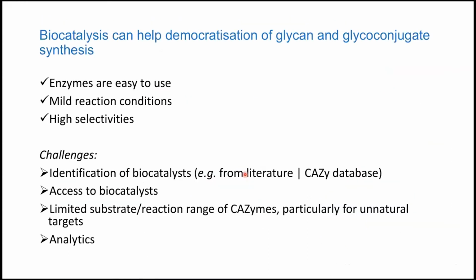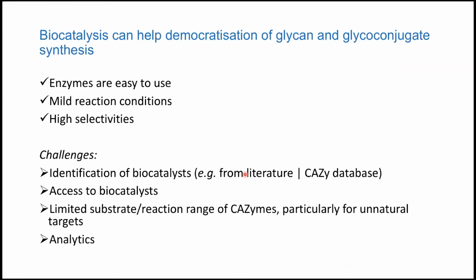If I could summarize the state of the art a little bit, these enzymes are really very easy to use. You just have to mix them up with a substrate and incubate them. The reaction conditions, as you all know, are very mild, and the selectivities generally are very good, so it requires minimal purification.